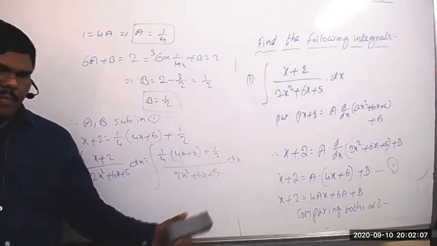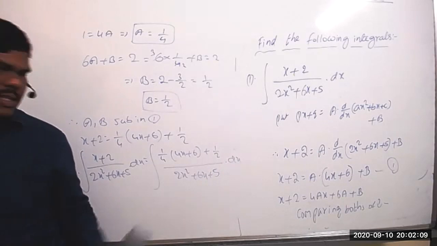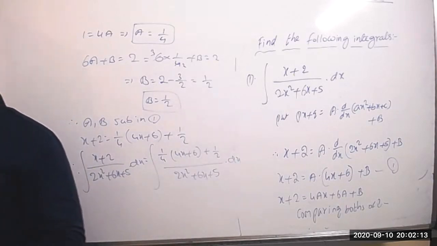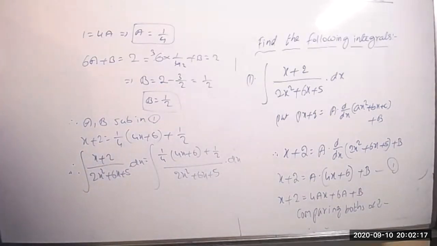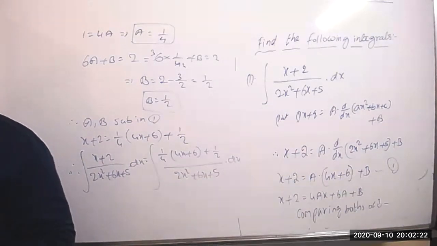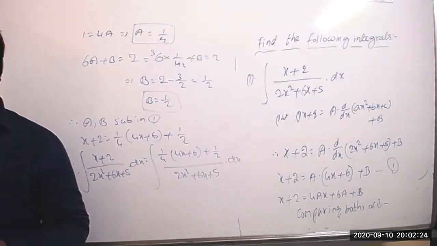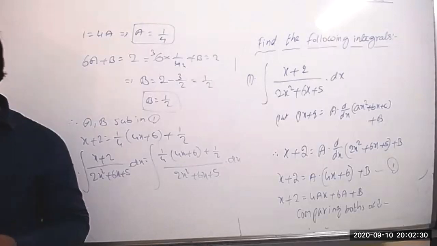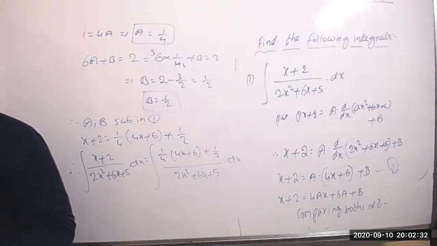Now we can write separately for this one, because a plus b by c equals a by c plus b by c. One minute, I will fill the ink. It's not visible properly.